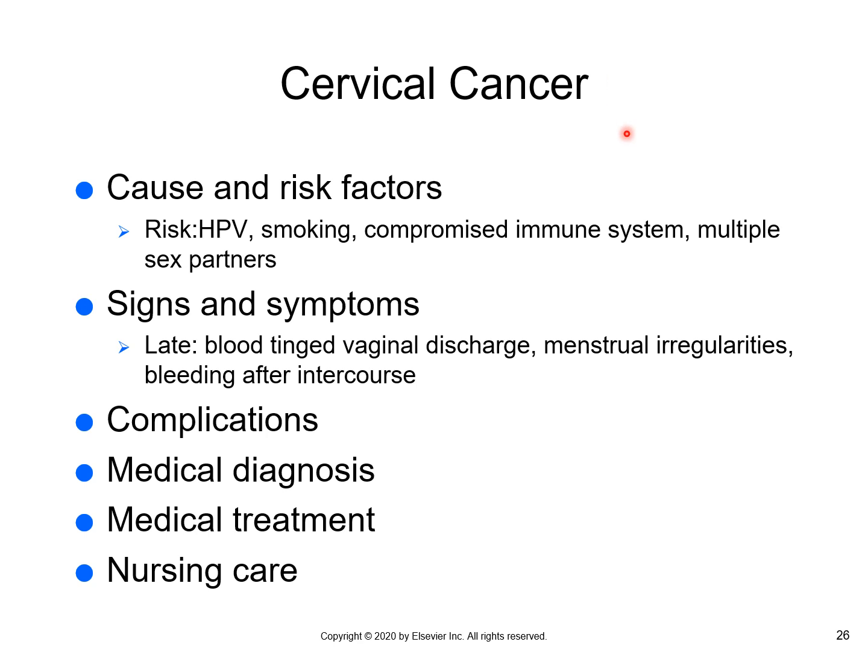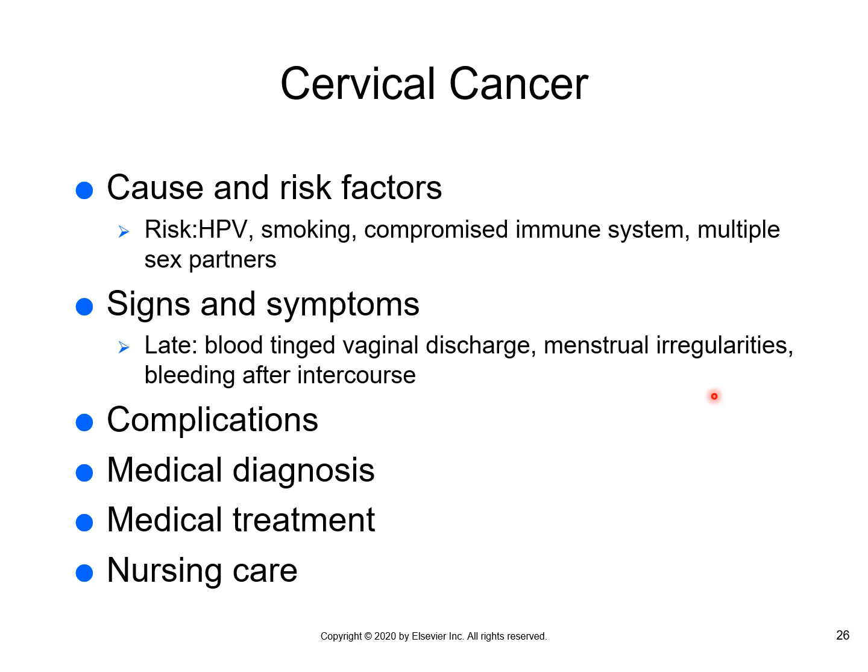All right, cervical cancer, where there's a cancer or tumors in the cervix, and the cause and risk factors are HPV, smoking, compromised immune system, and multiple sex partners. HPV is your human papilloma virus.